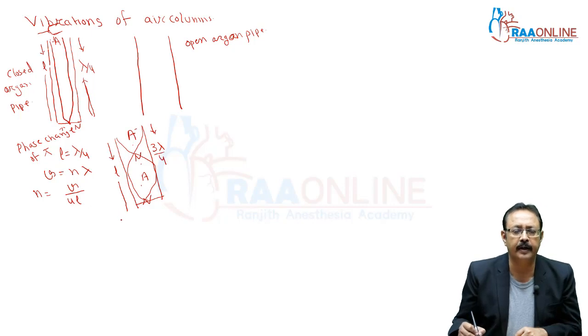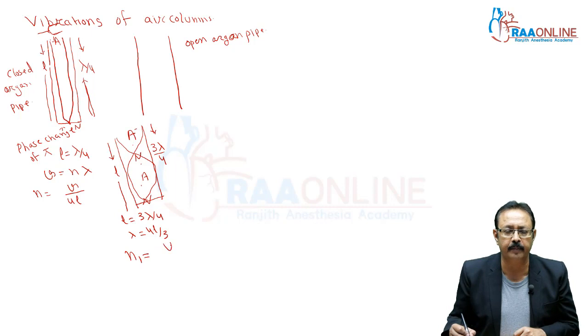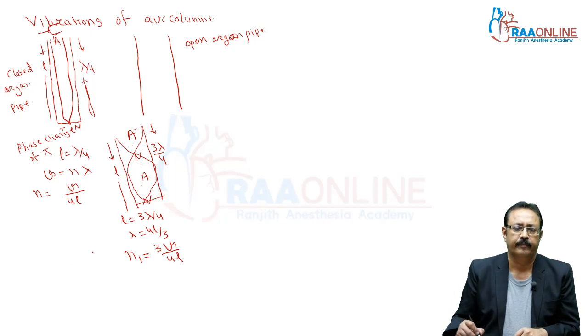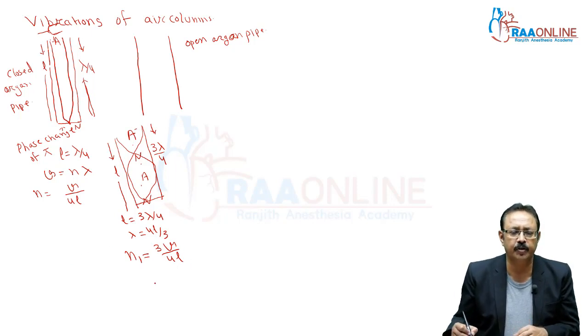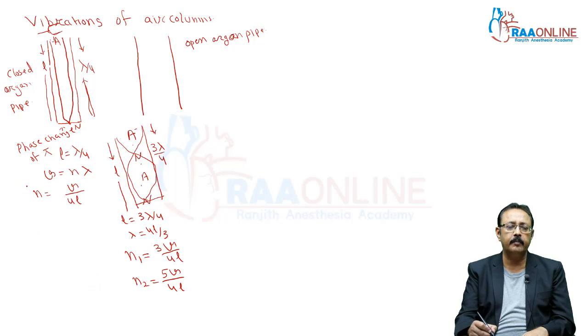So what will we get? L equals 3 lambda by 4, which means lambda is 4L by 3. So you will get a note of frequency n equals V by lambda, where lambda is 4L by 3. Similarly, in the next case, you will get 5V by 4L. So what do we say? In a closed organ pipe, we get a fundamental frequency of V upon 4L.